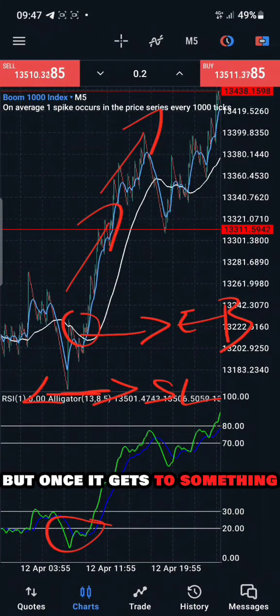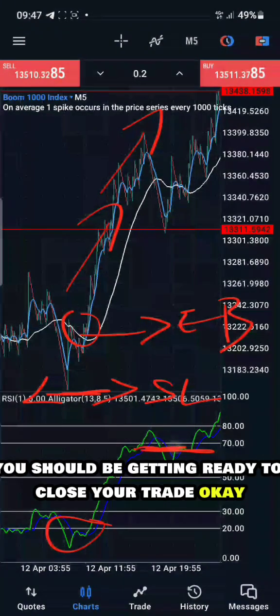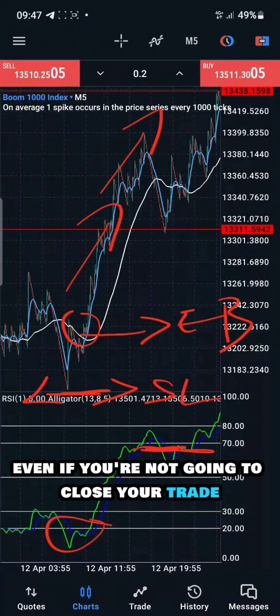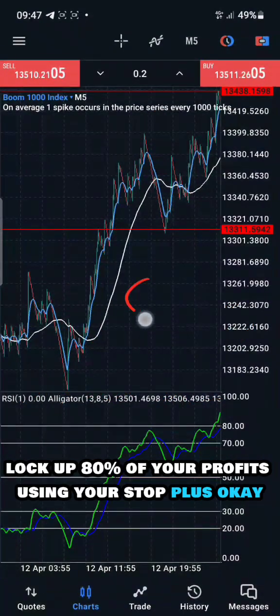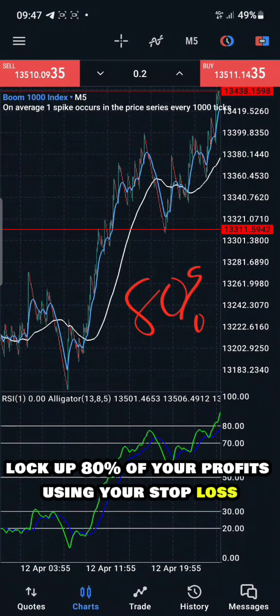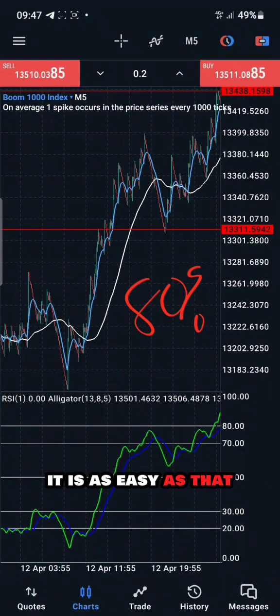But once it gets to 70, you should be getting ready to close your trade. Even if you're not going to close your trade, lock up 80% of your profits using your stop loss. It is as easy as that.